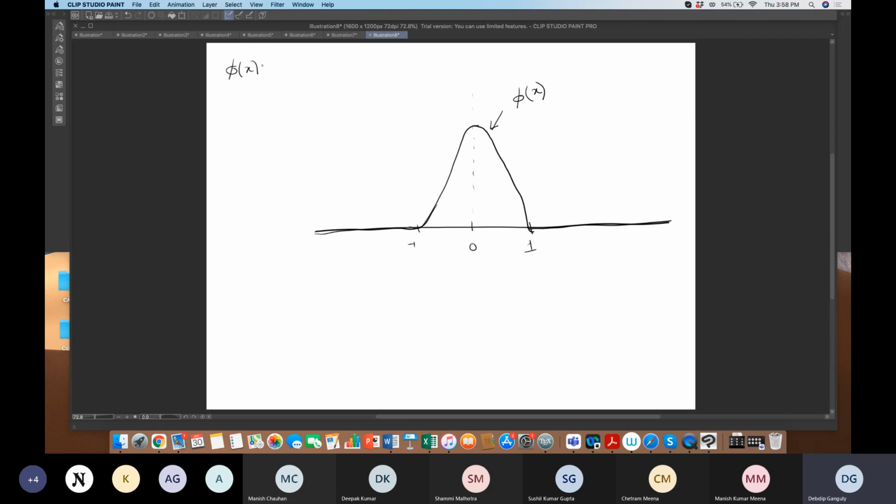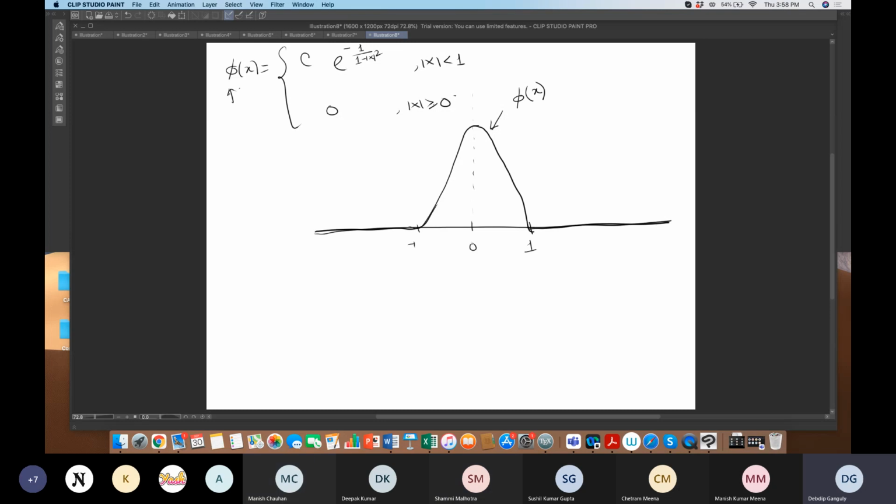Phi x is c e to the power minus 1 by 1 minus mod x square when mod x is less than 1, and 0 when mod x is greater than or equal to 1. You can check, this is a very nice smooth function. Is that clear?